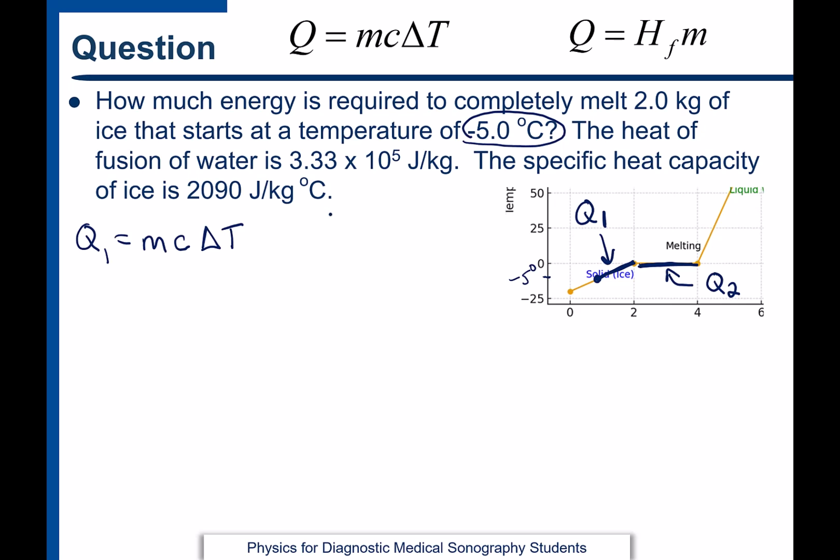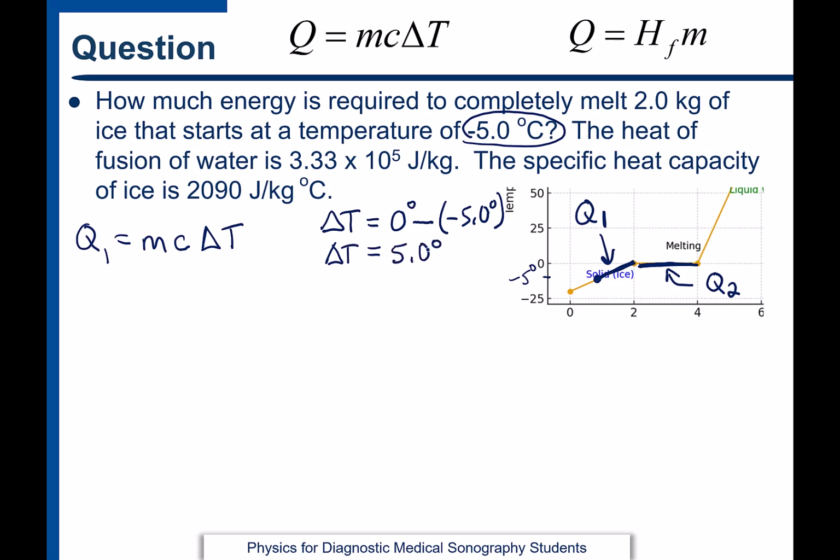But let's look at that mathematically. Remember that delta always means final minus initial. The final temperature that we want to get to is 0 degrees. The initial temperature is -5, but we're subtracting -5 degrees, and a minus a minus is a plus. And so delta T is +5 degrees.